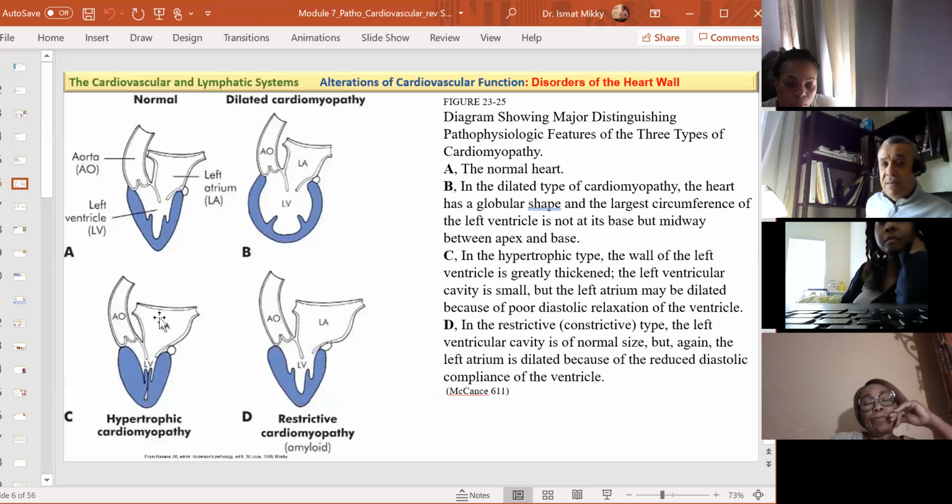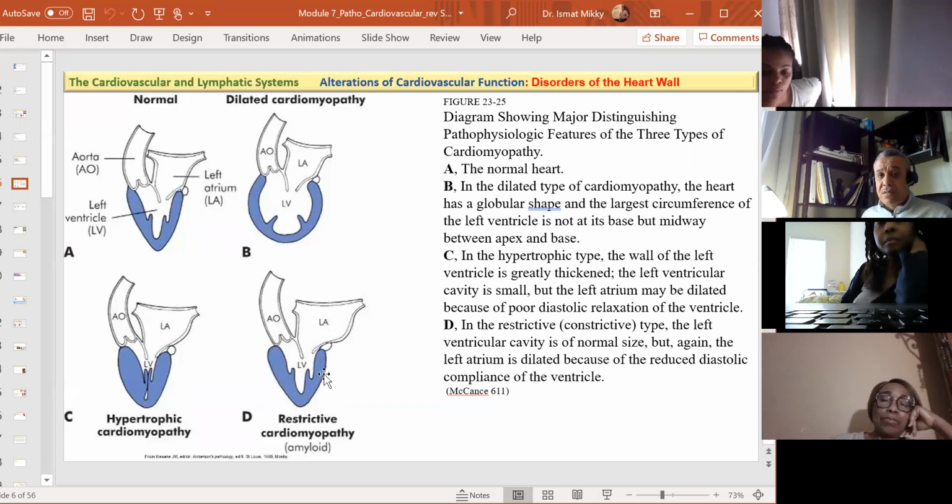And the restrictive type, which is D, the left ventricular cavity is of normal size. So the normal thickness of the wall, but the left atria is dilated because of the reduced diastolic compliance of the ventricle.